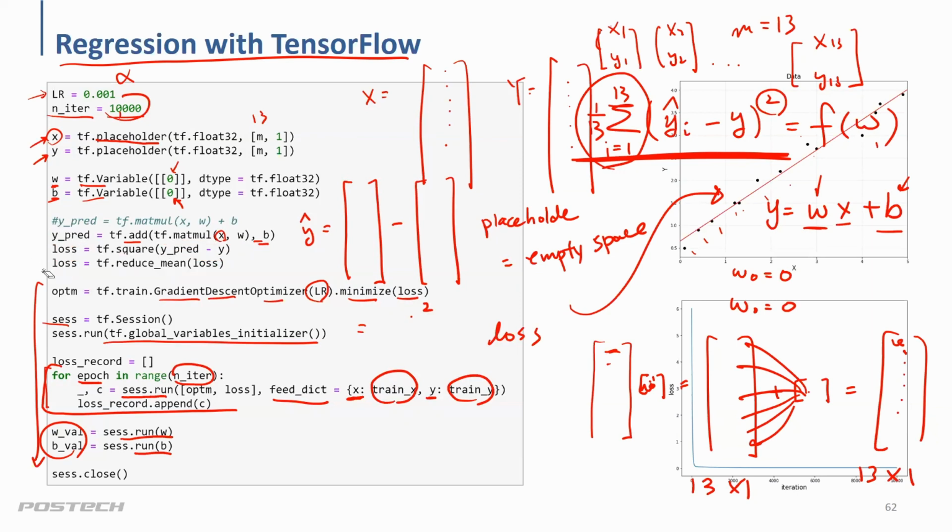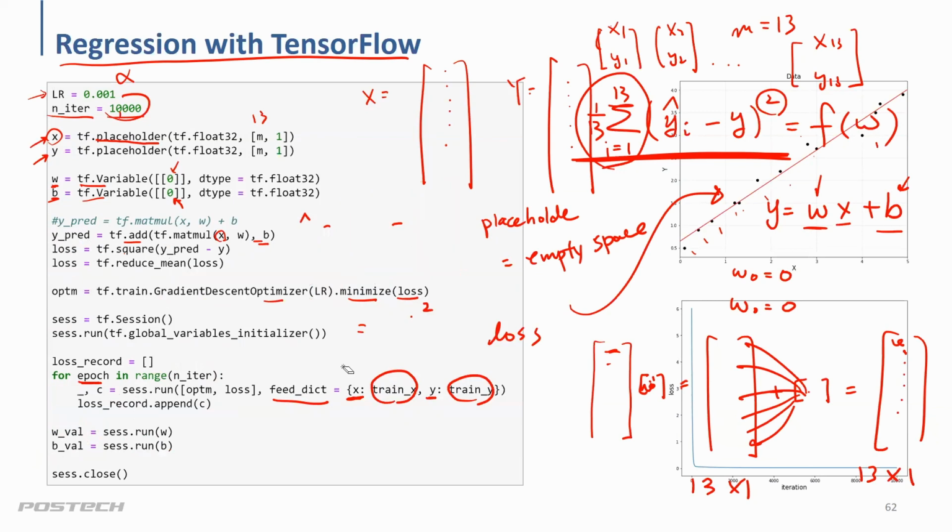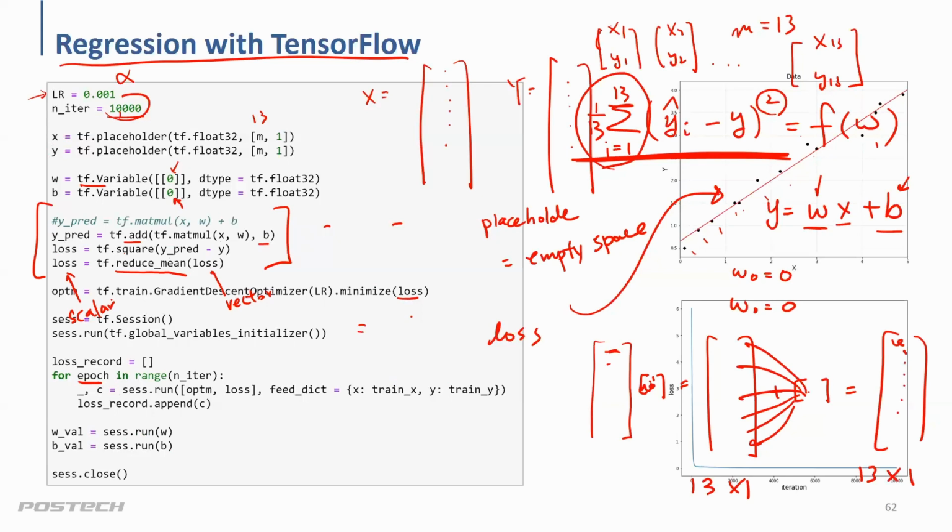And I guess probably this part is not that obvious, so I want you guys to think about it. Here reduce mean takes a vector and returns a scalar value. Any questions here?